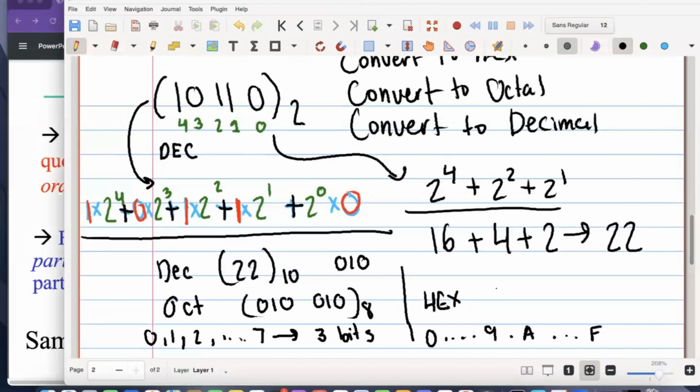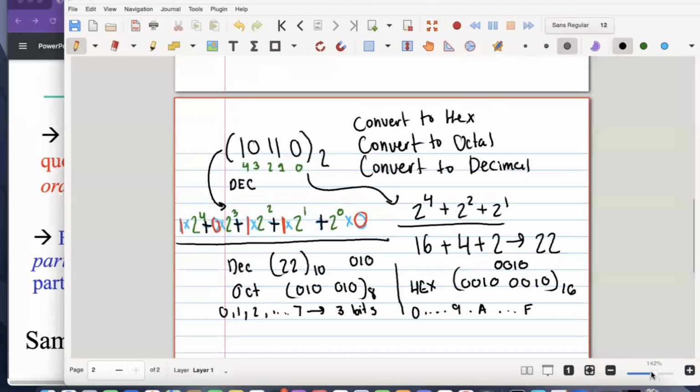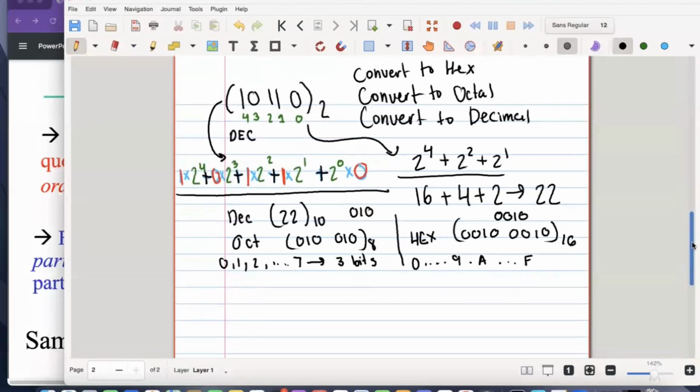How do we represent 2 in 4 bits? Well, we just add an extra 0 basically. So it's 0, 1, 0, 0. And that's it. 0, 0, 1, 0, 0, 0, 1, 0. And that is now in hexadecimal. That's it. This question is usually worth 4 marks, maybe 6 marks on your first midterm. And it's that simple. Any questions?